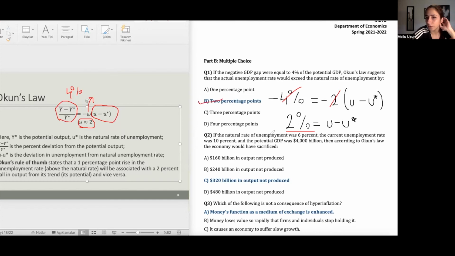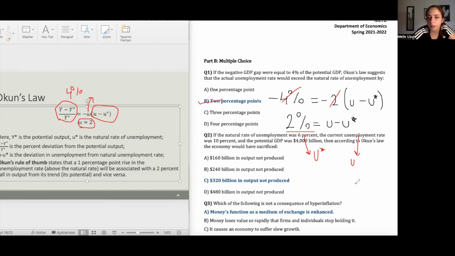So if the natural rate of unemployment was 6%, which is U star, and the current unemployment rate was 10%, which is U, and the potential GDP was $4,000 million, then according to Okun's law, the economy will sacrifice... So let's use this formula again.